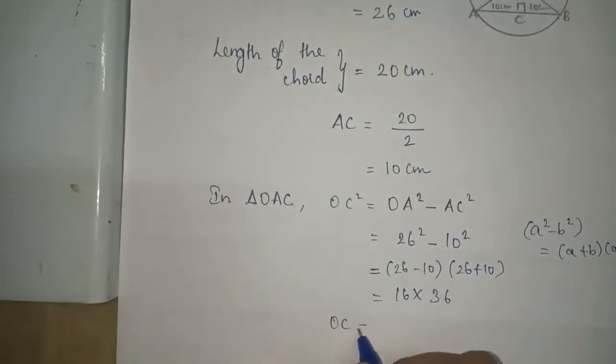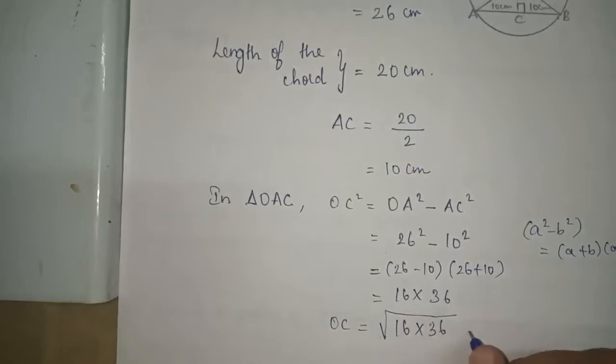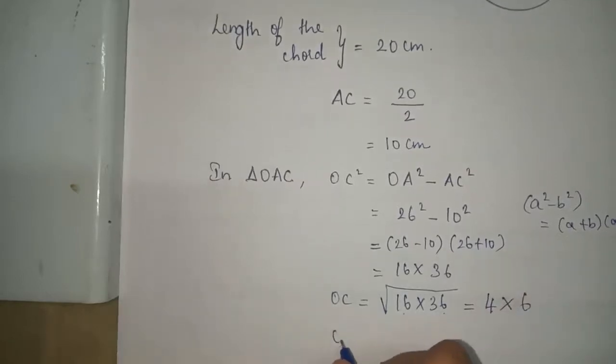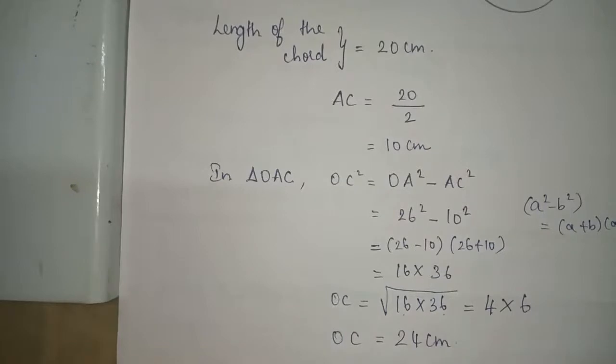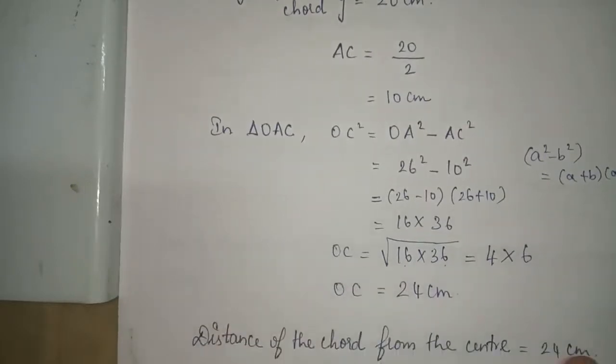So OC is equal to root of 16 into 36, which is equal to 4 4s are 16. So 4 into 6 6 are 36. Therefore OC is equal to 24 centimeter. Therefore distance of the chord from the center is equal to 24 centimeter.